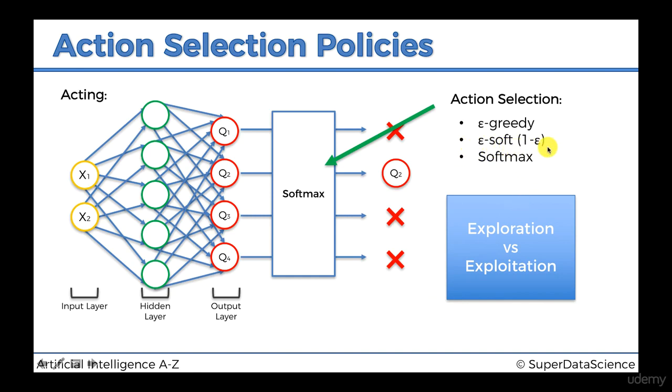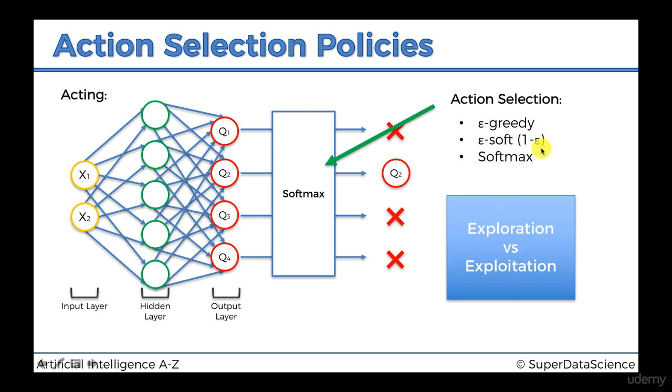So epsilon soft is very similar. Oh, by the way, that's why it's called epsilon greedy, because you're greedily selecting the good action, except for that little epsilon % of the time. So the lower the epsilon, the more greedily you're selecting the optimal action, and the fewer chances you're leaving for exploration.